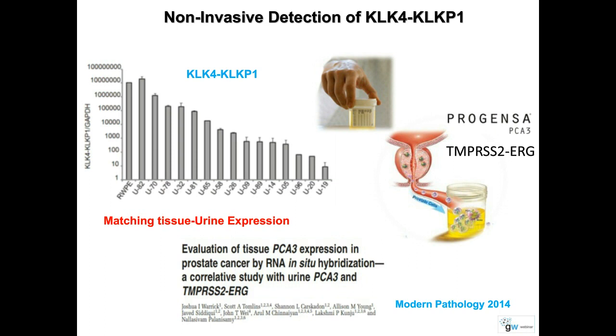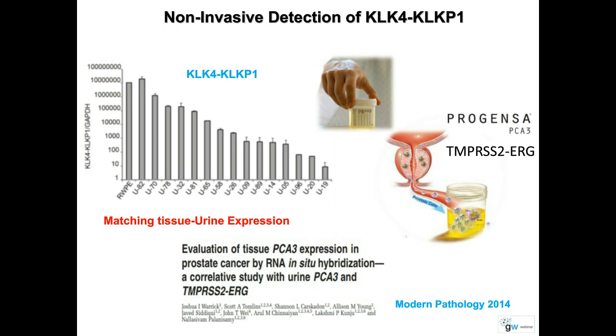So our goal is to develop this into a non-invasive cancer detection assay. With this, we will be able to detect prostate cancer even before taking a biopsy. This is consistent with several other prostate markers, including TMPRSS2-ERG or PCA3. There is already an FDA-approved test available for PCA3, but combining it with TMPRSS2-ERG and KLK4, one can reliably or categorically say that you can detect prostate cancer.